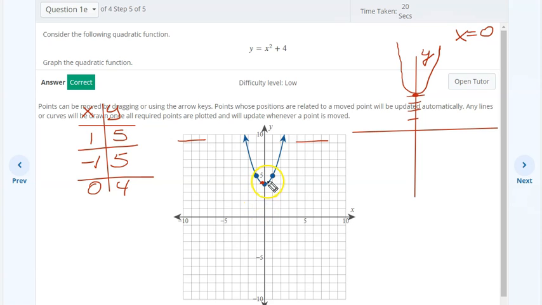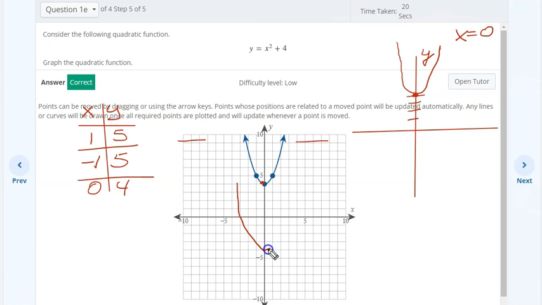Then we just take the second point, and it's going to be a negative 1, 5, go over 1, up 1, and then put a dot there, and then the parabola forms. So there's one complete example, which is the pattern that you're going to follow to do all that are like this.